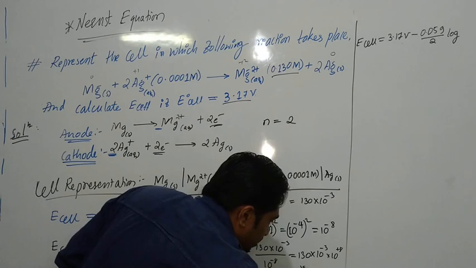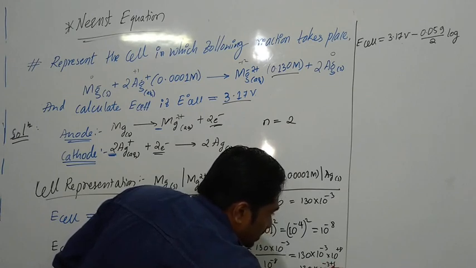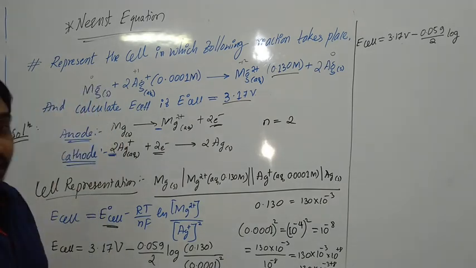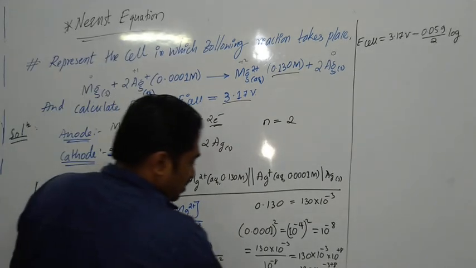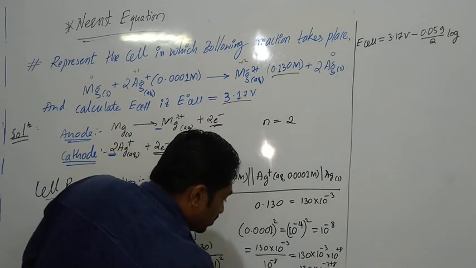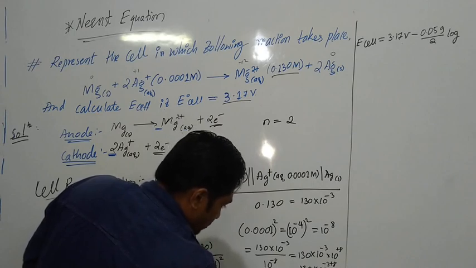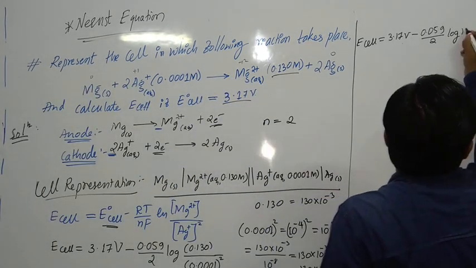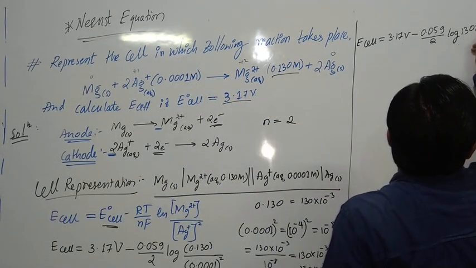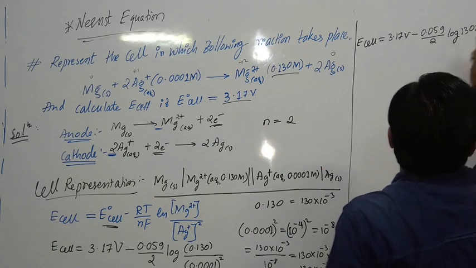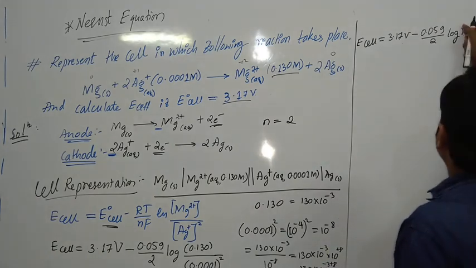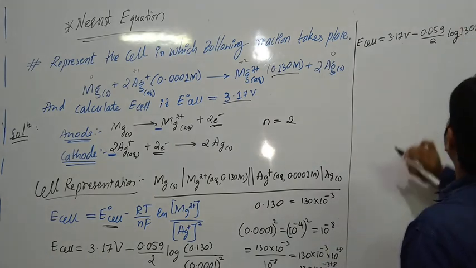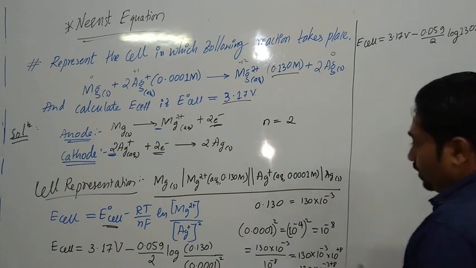Now it becomes 130 into 10 to the power minus 3 plus 8, which is 130 into 10 to the power 5. So this is the value inside the log. First we will solve the log of this value.